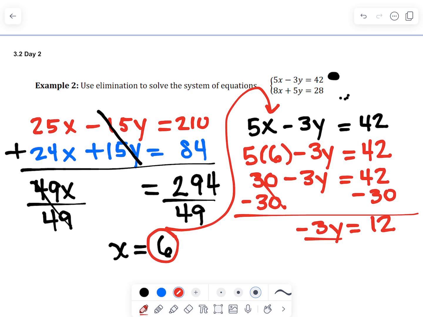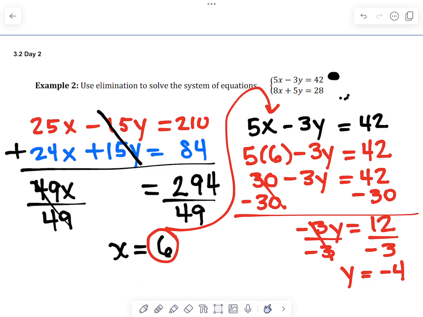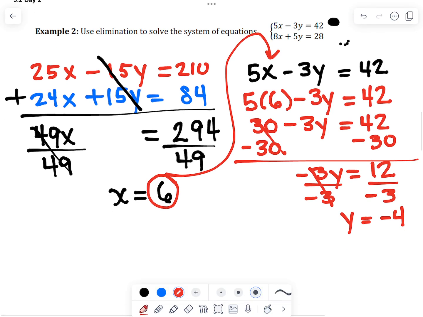And then divide both sides by negative 3. And y equals negative 4. So you want to write that as an ordered pair. X, comma, y.